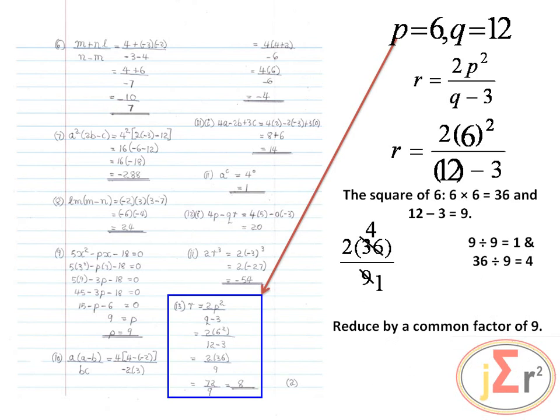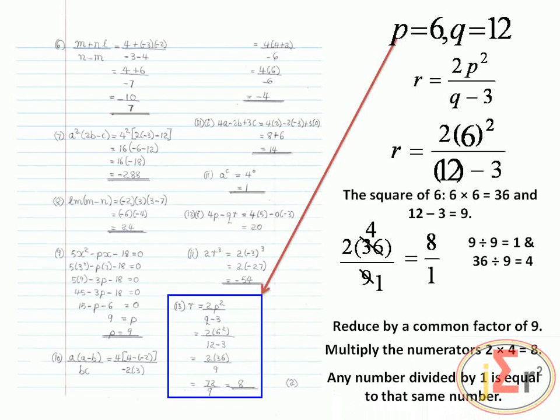So instead of multiplying 2 times 36 to give 72, all the multiplication is 2 times 4 is equal to 8. I am sure that it is easier to do that. So multiply the numbers in the numerator, and we have 2 times 4 is equal to 8. 8 over 1, and any number divided by 1 is equal to itself. Any number divided by 1 is equal to that same number.